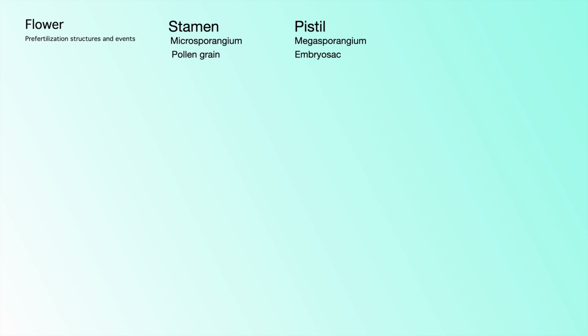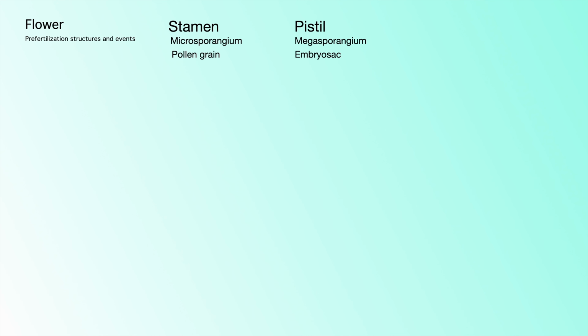Now we have one functional megaspore. This functional megaspore cell develops into embryo sac. Functional megaspore has two poles, one towards micropylar end of the ovule, other towards chalazal end. Let us call this as a central cell.